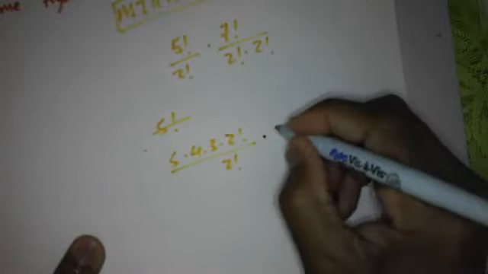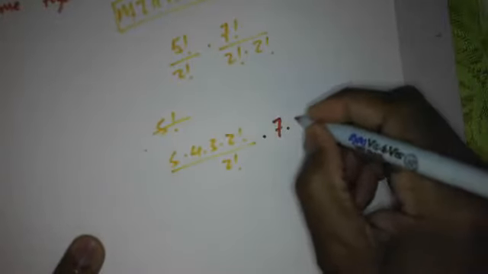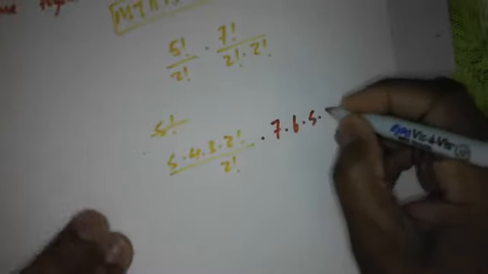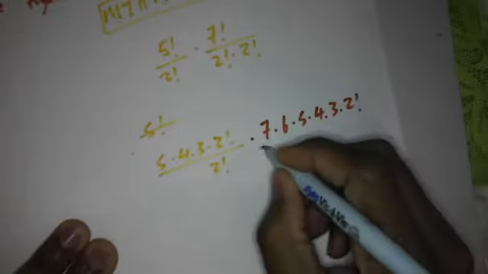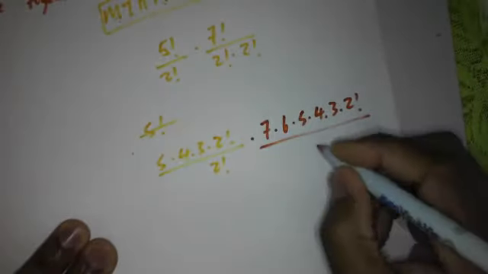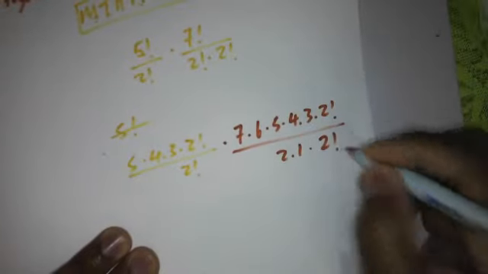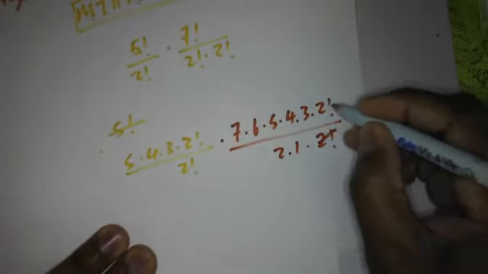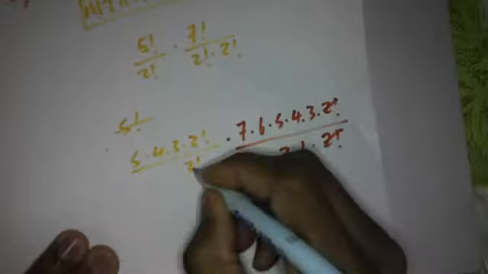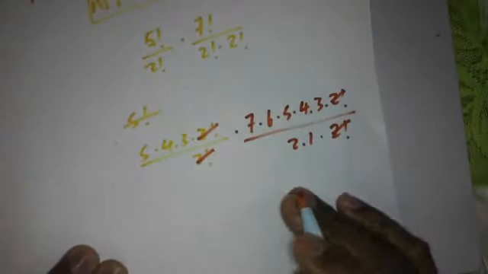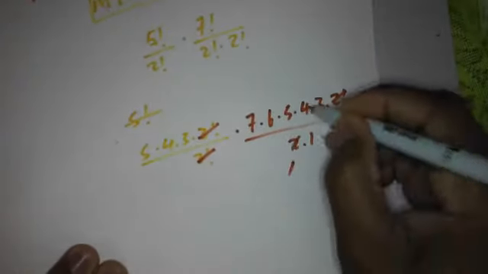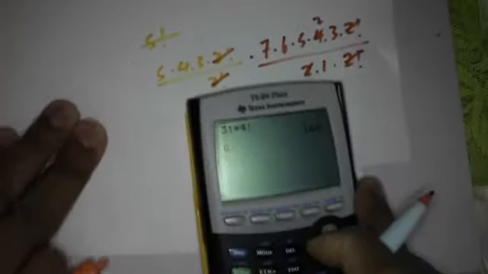This would be times 7 factorial, which is 7 times 6 times 5 times 4 times 3 times 2 factorial divided by 2 times 1 times 2 factorial. So this 2 factorial takes out that 2 factorial. This 2 factorial takes out that 2 factorial. 2 into itself 1, 2 into 4 goes 2. And I can put all of that in my calculator as is.